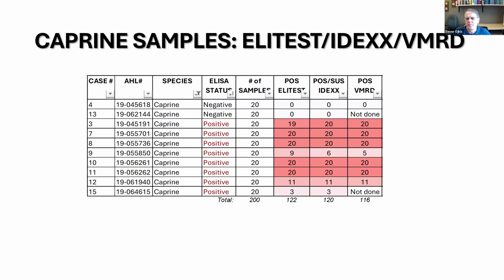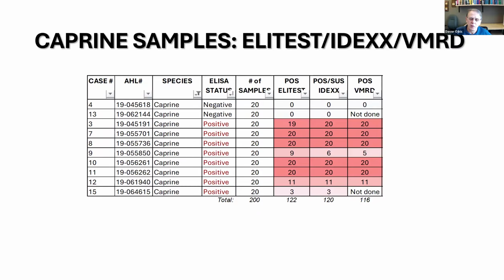So there's always been some issues historically with those unexpected reactors with ELITest ELISA, and I had heard a few times that some of the samples on ELITest weren't the ones that they were expected to be.